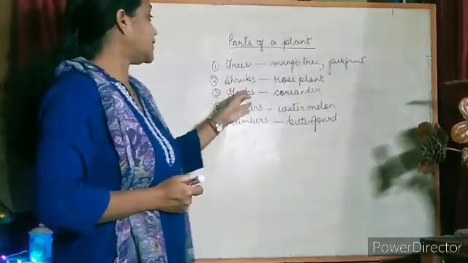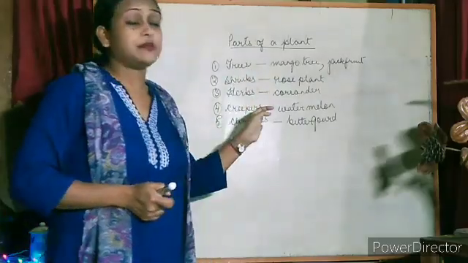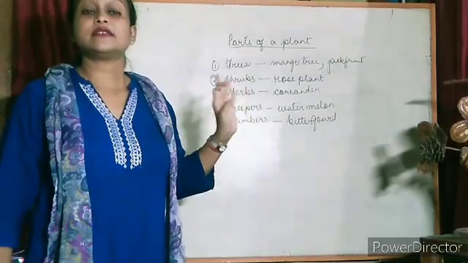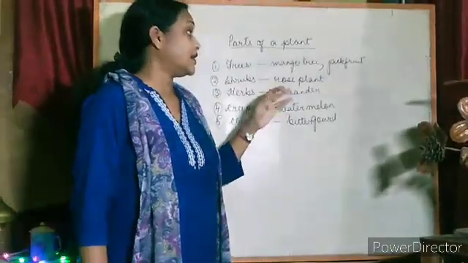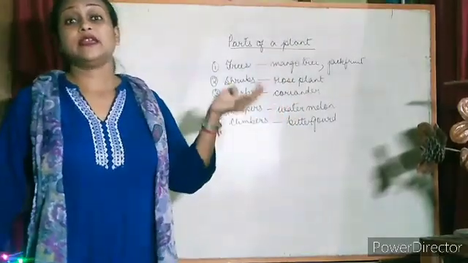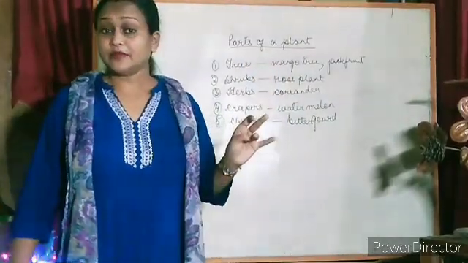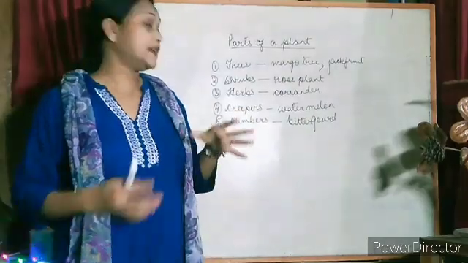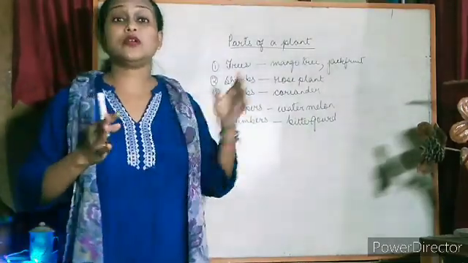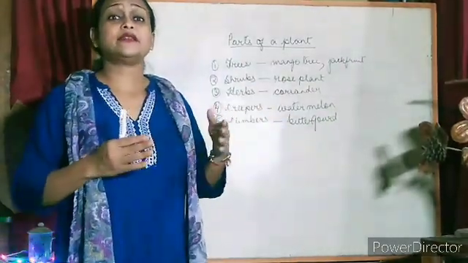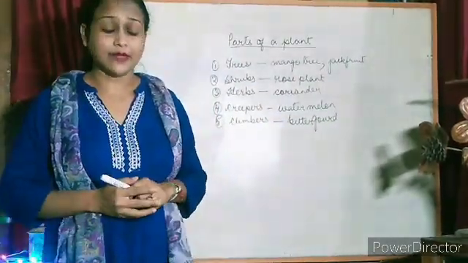Now, whether a plant is a tree, a shrub, a herb, climber or creeper, it has some parts. So what are the parts? Mainly a plant has a root, then the stem, leaves, flowers, fruits, and though these parts are present in different types of plants, their functions are the same.